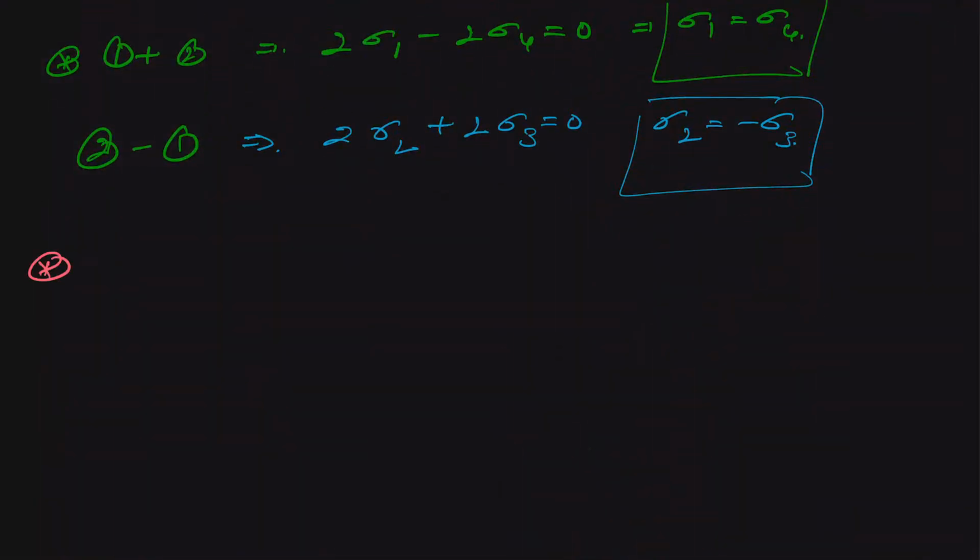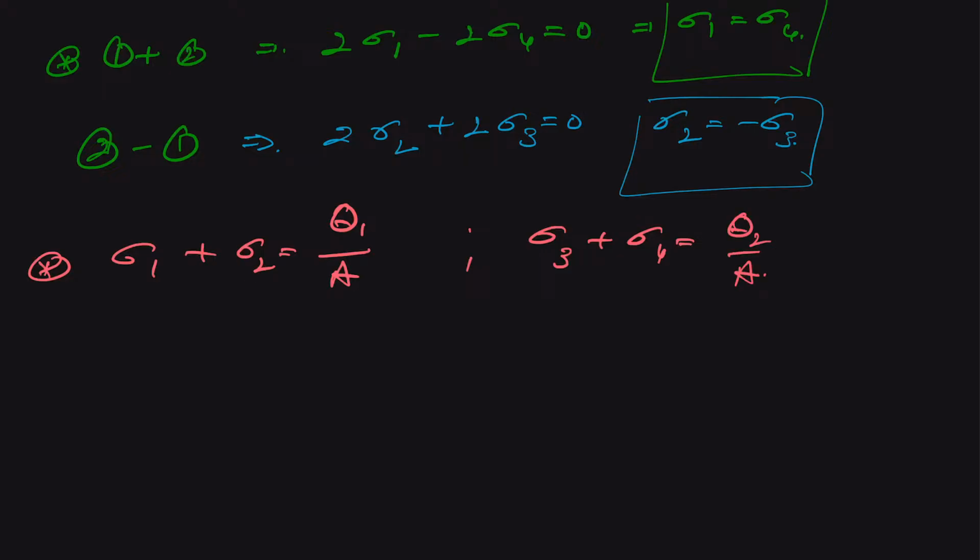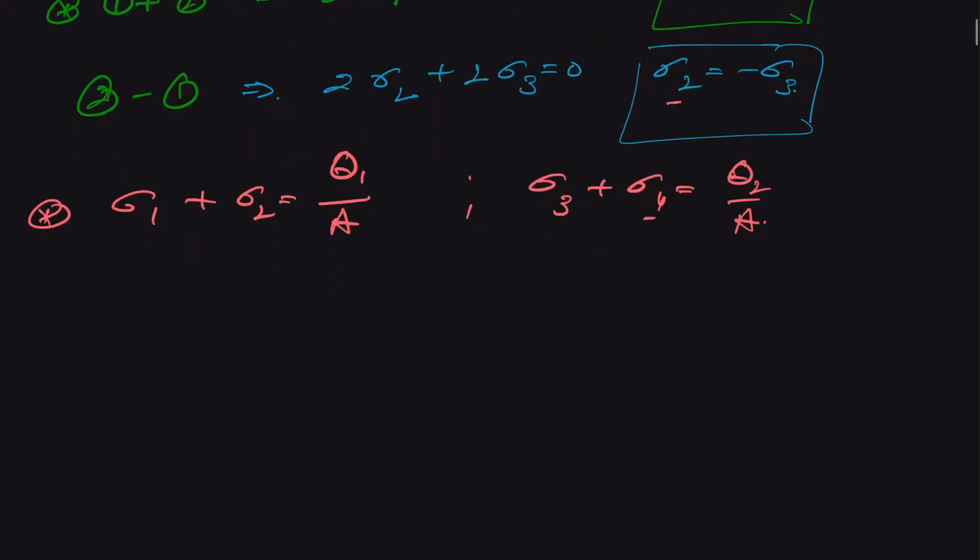So we have our sigma 1 plus sigma 2 is equal to our Q1 upon A. And for our plate 2, we are given that sigma 3 plus sigma 4 is equal to Q2 upon A. And in place of our sigma 3, we can write minus of sigma 2, and in place of sigma 4, we can write this sigma 1.